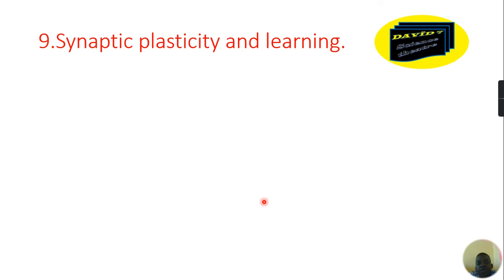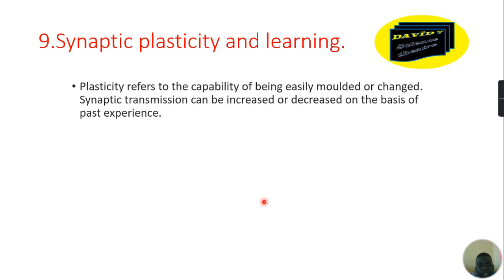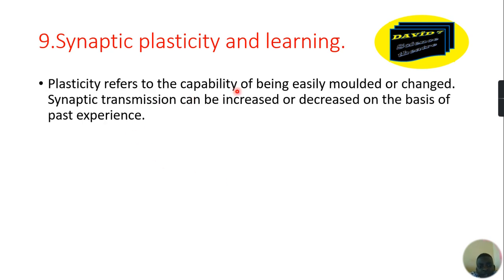Number 9, this is synaptic plasticity and learning. Plasticity refers to the capability of being easily molded or changed. Synaptic transmission is flexible. It can be increased or decreased on the basis of past experience.